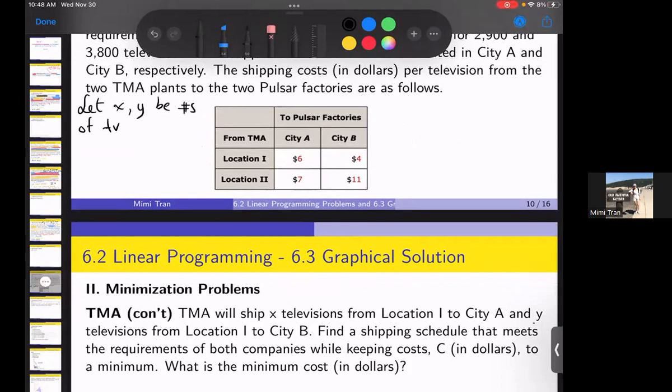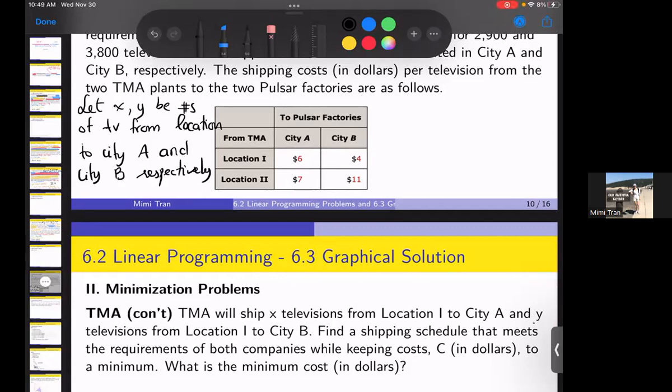Maybe older people, but nowadays we say TV. Let X and Y be the number of TVs from location 1 to CDA and CDB respectively. So far so good.